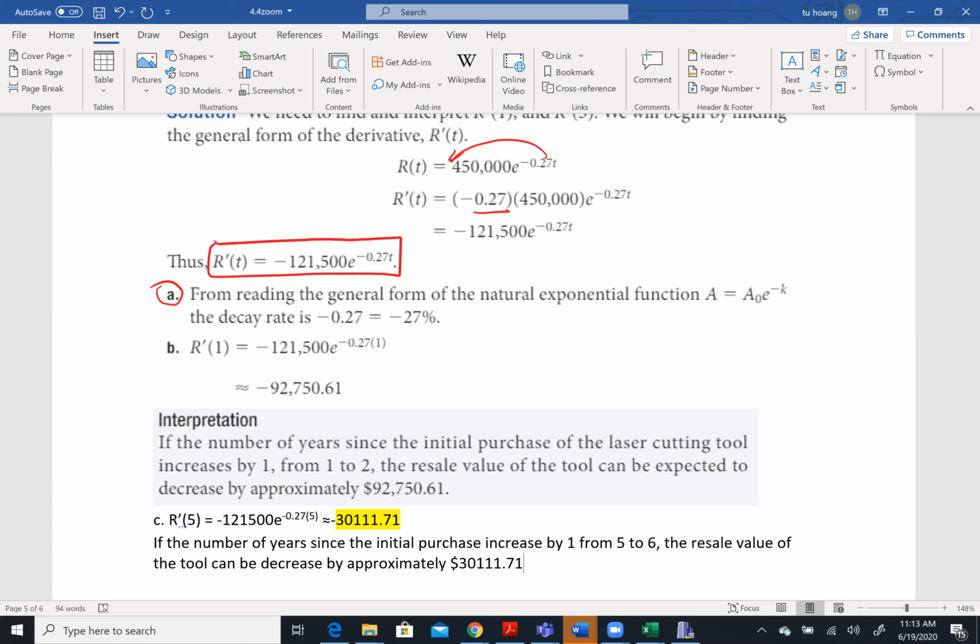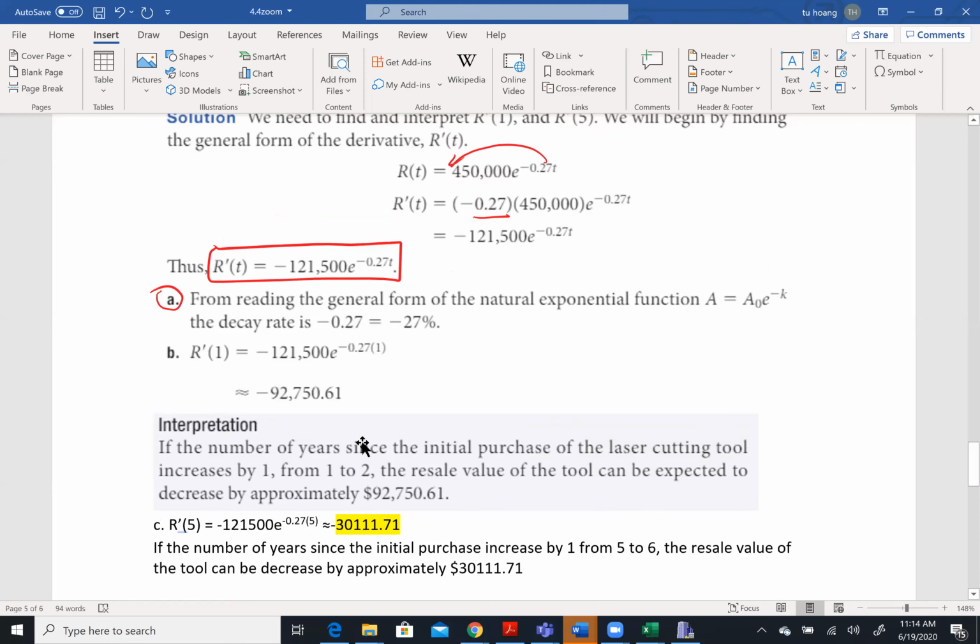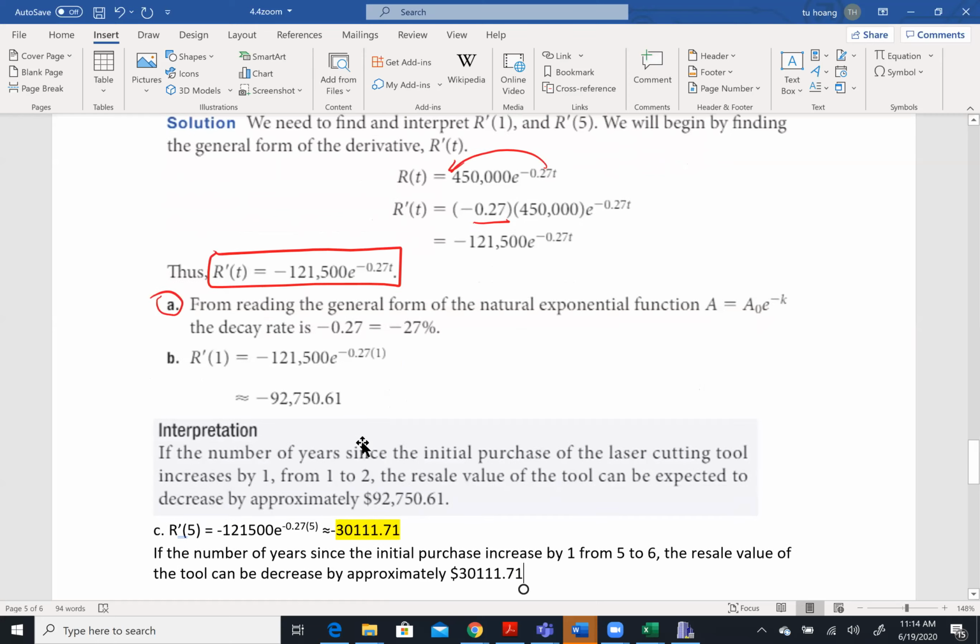Okay, so that should be the answer for example 9.